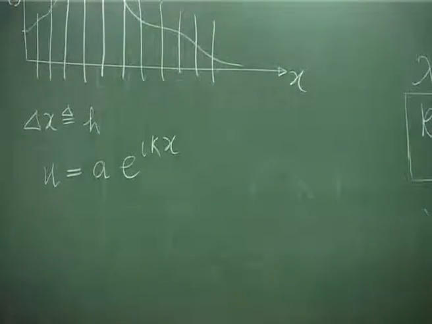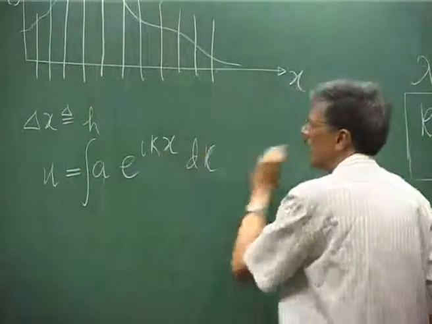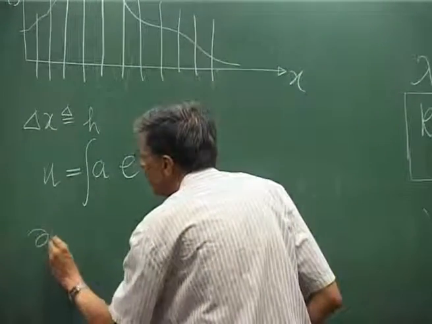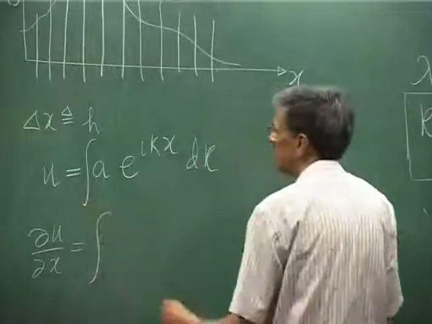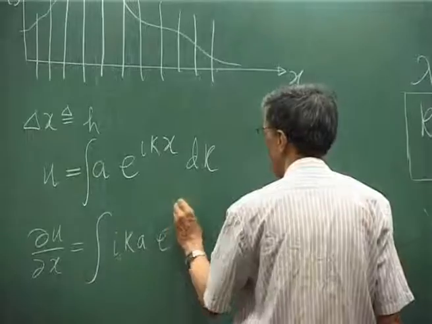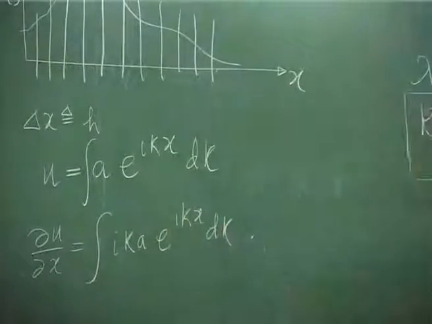Now, if I write it like this in the spectral form, and I take a derivative with respect to x, what do I get? Well, I will get this. So, taking a derivative is rather simple. What you do?